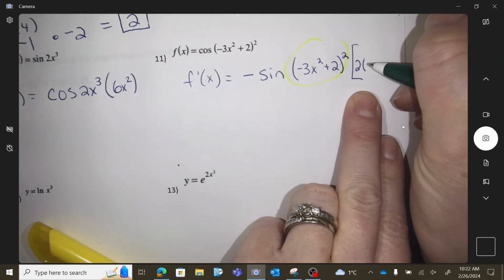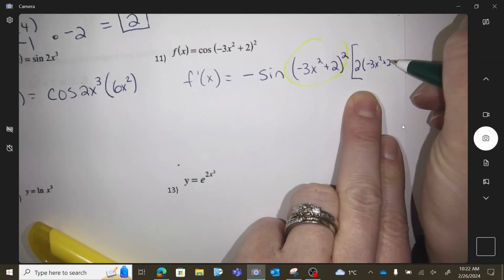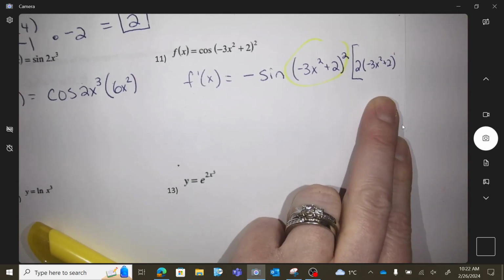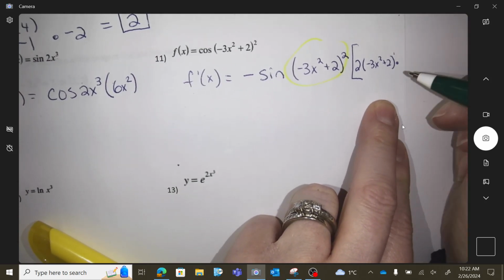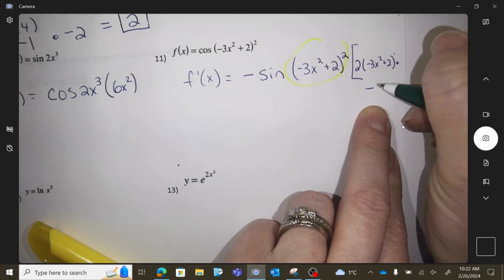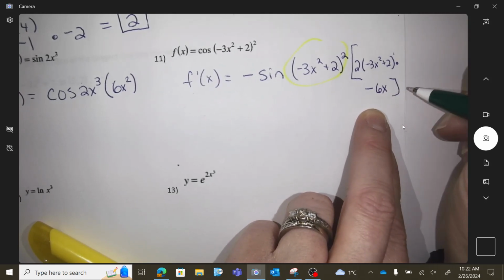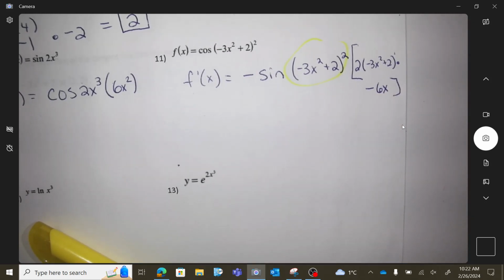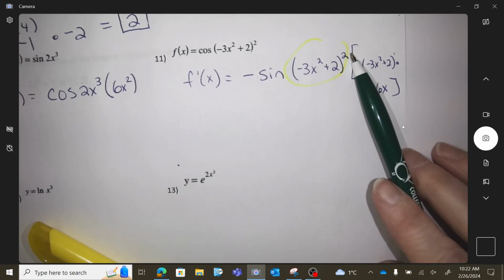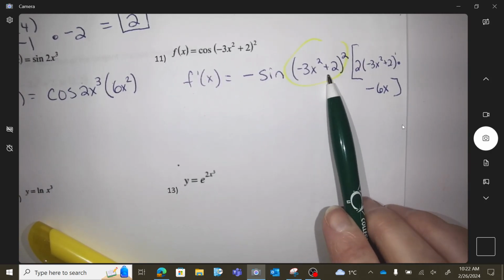So 2 of those to the 1, attach -6x. Two of those to the one lower, and then attach the derivative of the brackets.